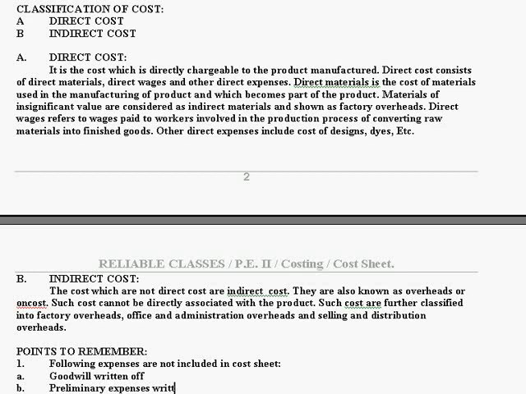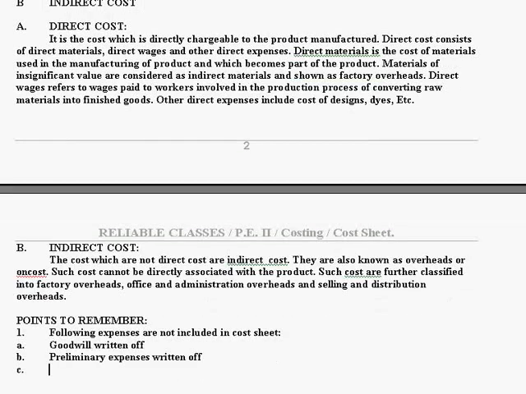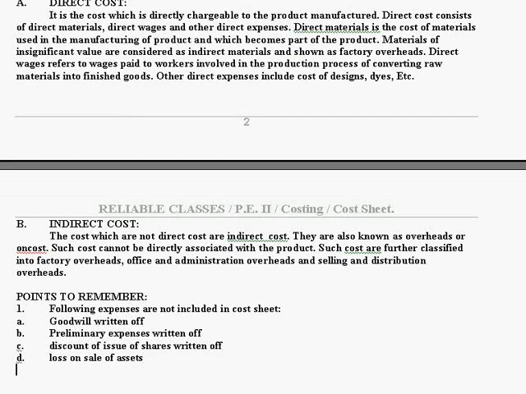Preliminary expenses written off. Discount on issue of shares written off. Loss on sale of assets.